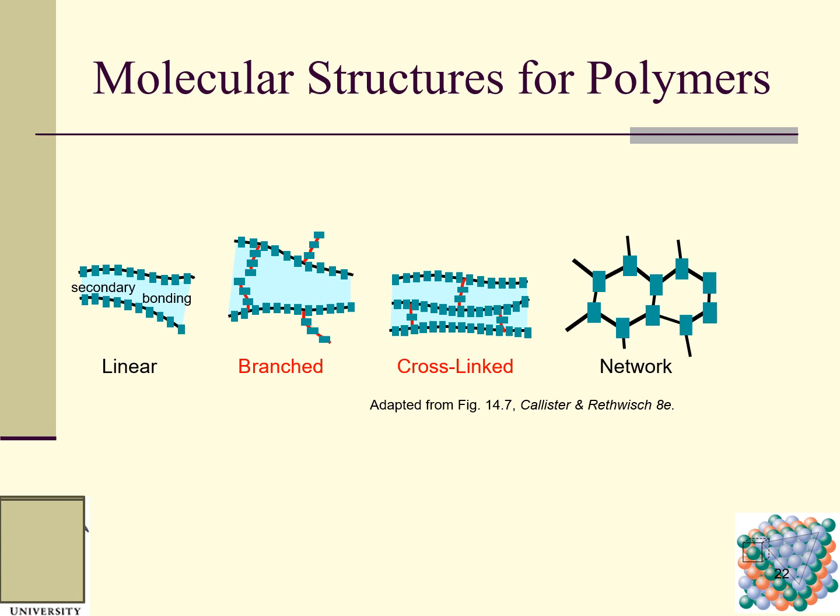The third one is cross-linked. You can see one backbone and another backbone, and these backbones are interlinked. The fourth one is network. You can see they are networked. So these are the four very commonly seen molecular structures.